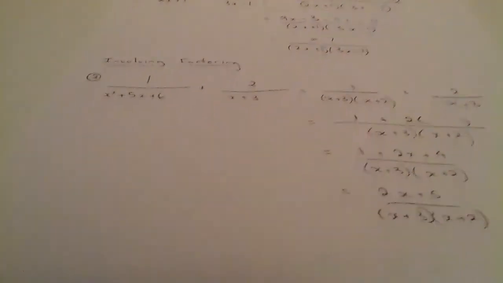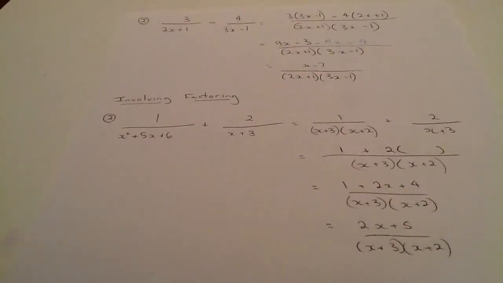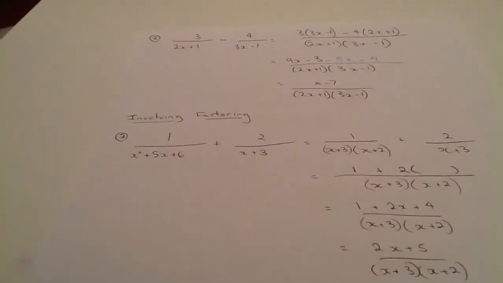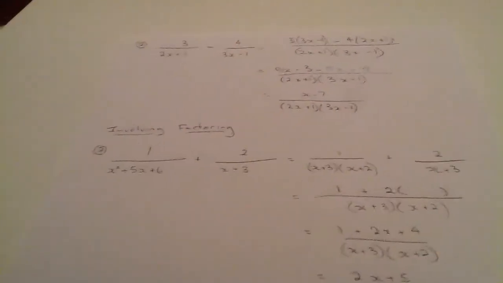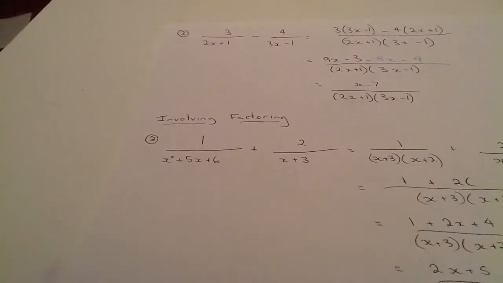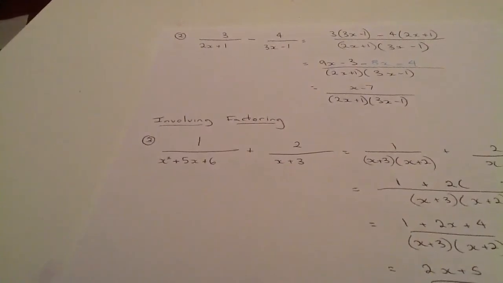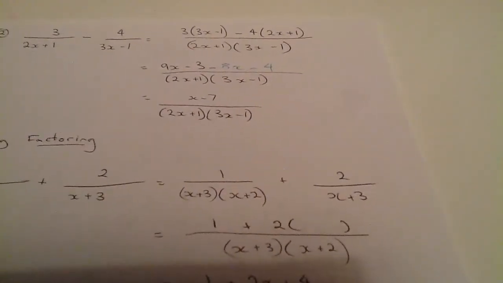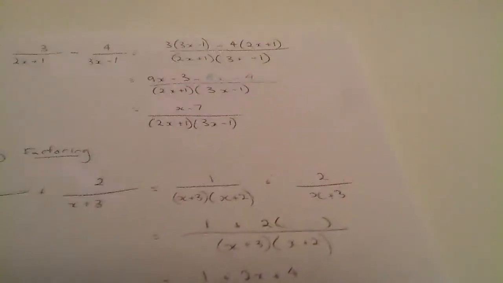Okay, now these questions are going to involve factoring. So we need to factorise the denominators. In the first fraction, it's just a normal trinomial. It's going to break up into x plus 3 times x plus 2. We now look at the fraction as we've got it here.